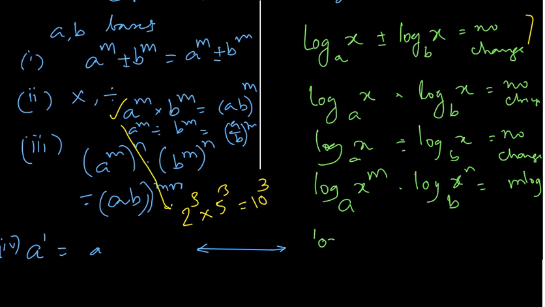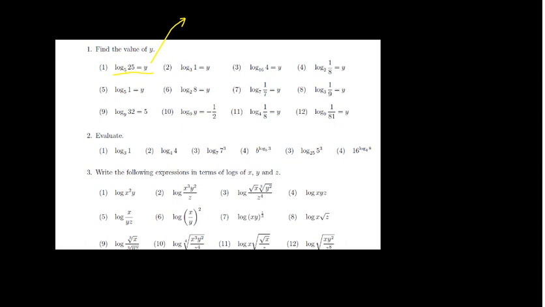So when we are doing the questions, we will try to bring all these things into one of these rules. I am looking at 25 as 5 squared, to the base 5. I have taken the left hand side of the equation.